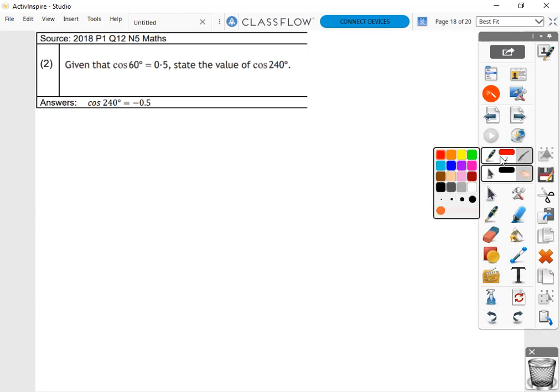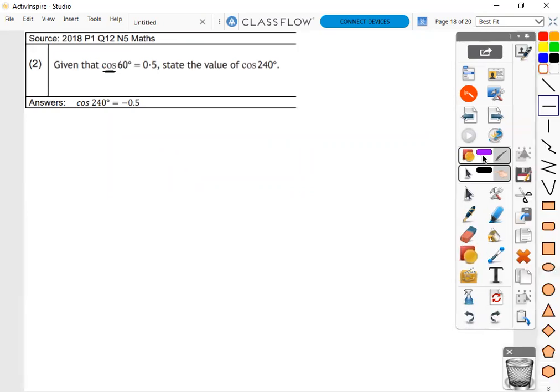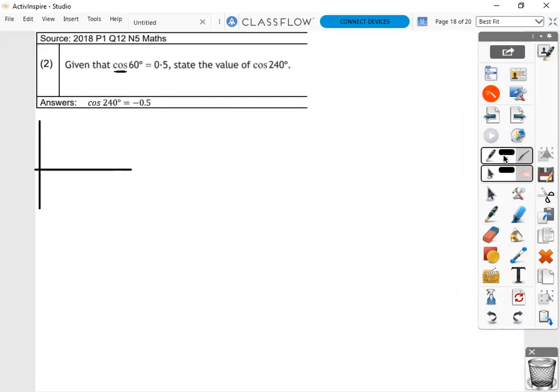If I'm looking at that and it's confusing me, what I would do is just draw the cos graph. Let me start by drawing a simple wee sketch of cos. Now I know the milestones of 0, 90, 180, 270 and 360.